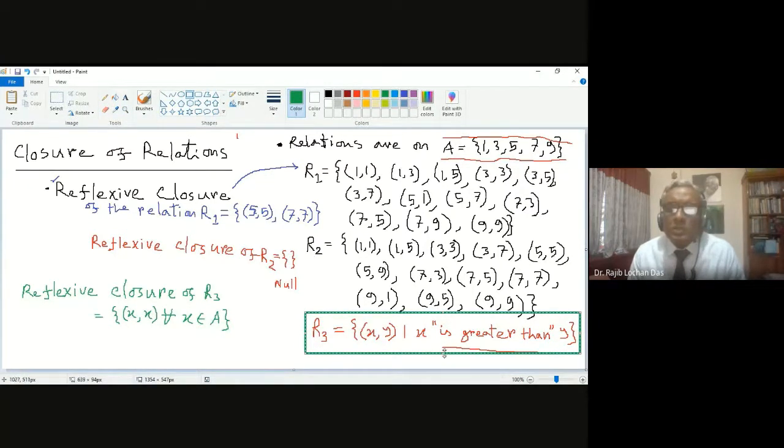Why not? Because in the relation criteria it is given x is greater than y. If you want to write the elements one by one, every pair one after another, you have to follow the relation criteria.